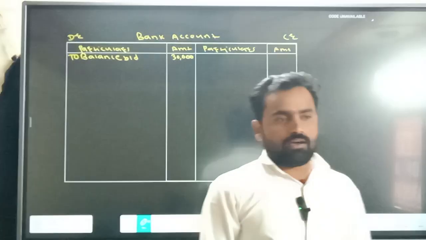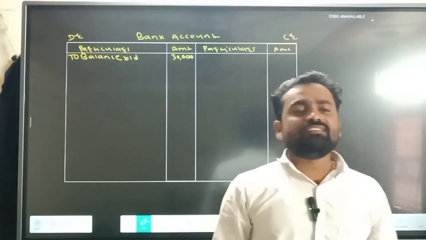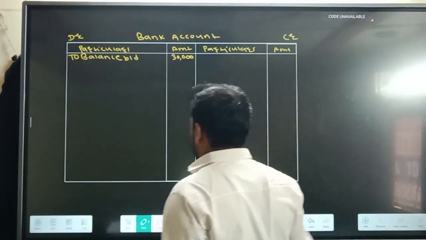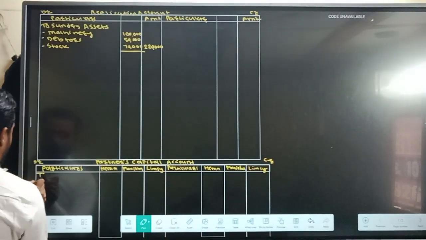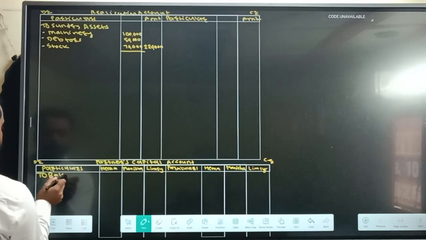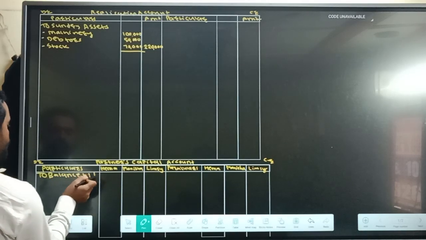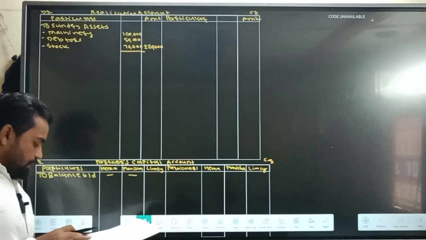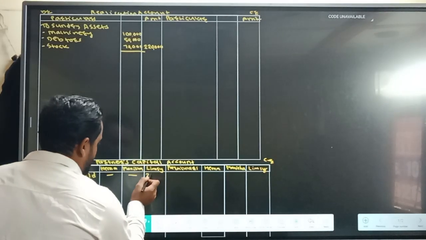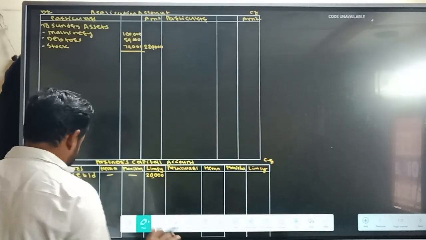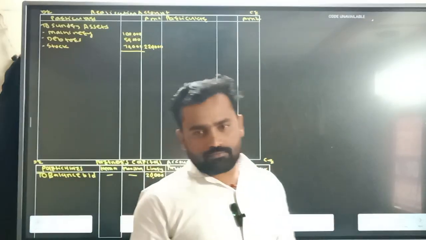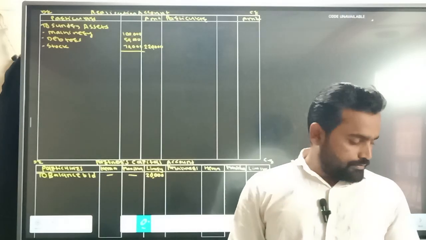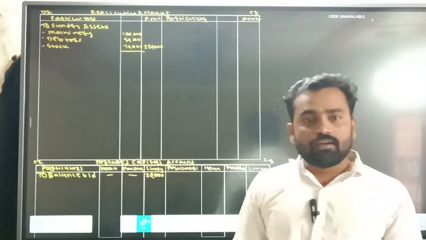Okay, Limsi capital account. Limsi capital account is on the debit side, like the asset side. So Limsi capital debit side: to balance brought down, in Limsi's column, 20,000 amount. Asset side is finished. Then liability side, Hema and Manisha's capital accounts.